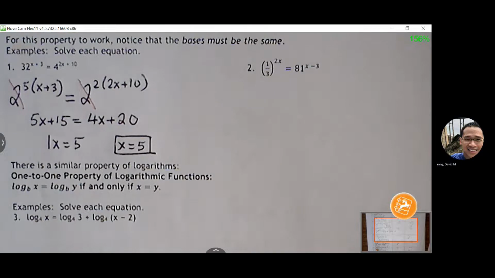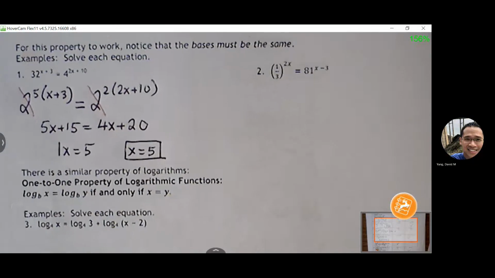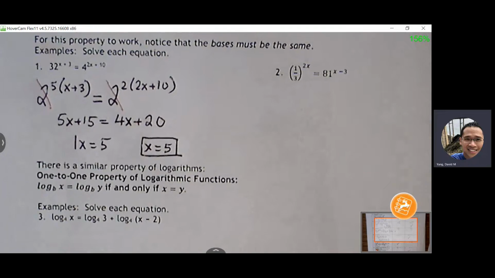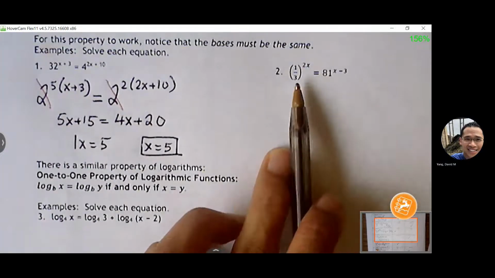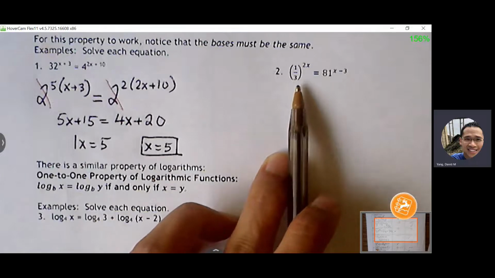Okay, good. Number 2. What's a common base that I can get both sides to share? 3. Yeah. If I want 3 as a common base, I know 1/3 is a little bit out of place here.